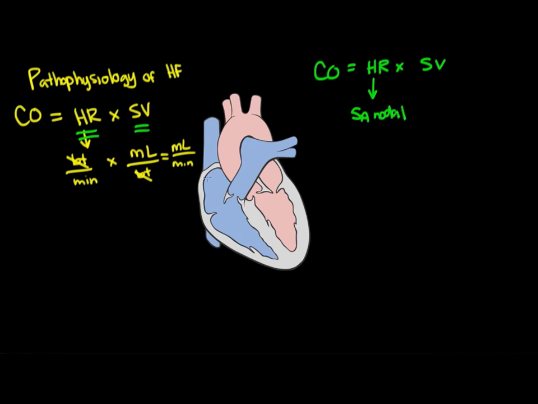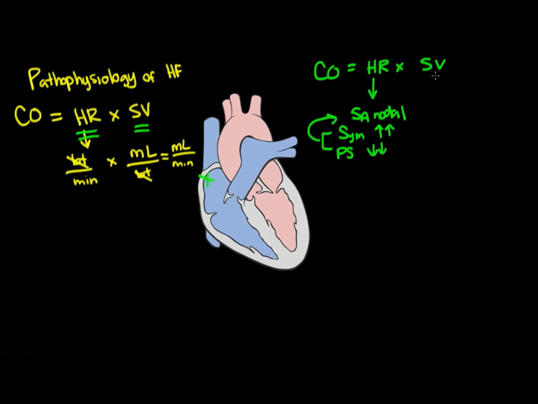And so you have a node up here known as the sinoatrial node or the sinus node, and that determines how fast your heart's going to beat. Now there is autonomic input from the sympathetic system, which will increase the heart rate, and also from the parasympathetic system, which will decrease the heart rate. So these will modulate the sinoatrial node and allow for the heart to beat either faster or slower.